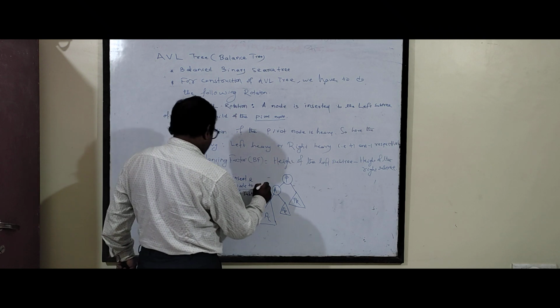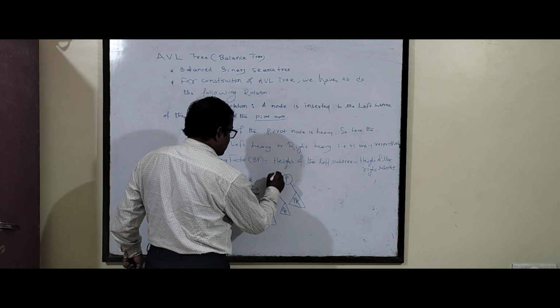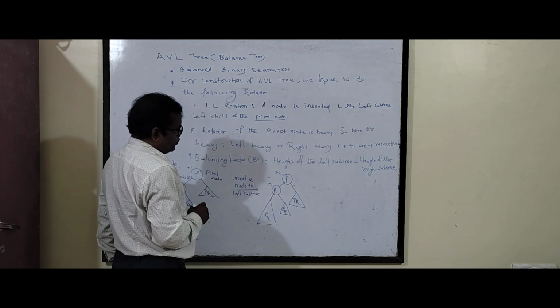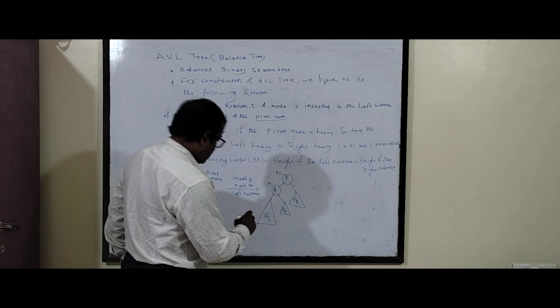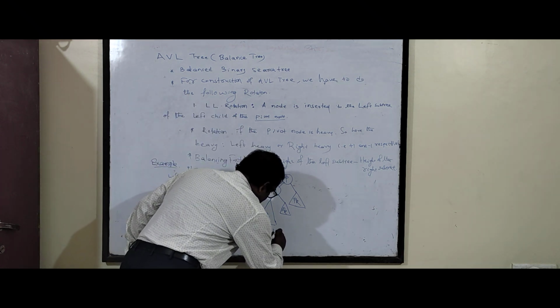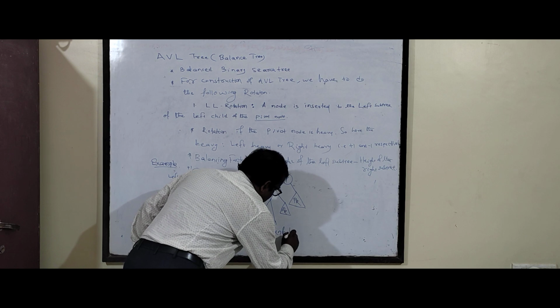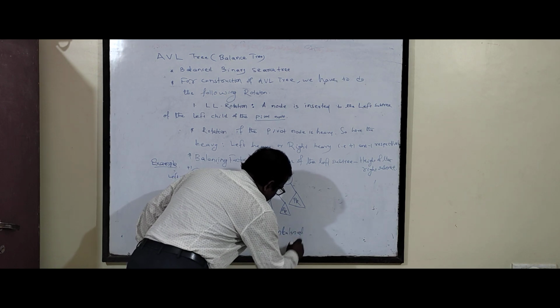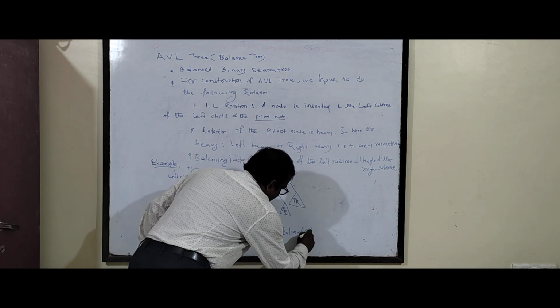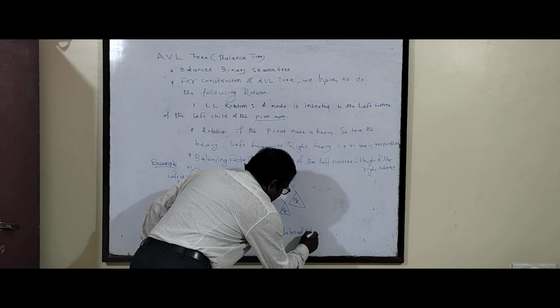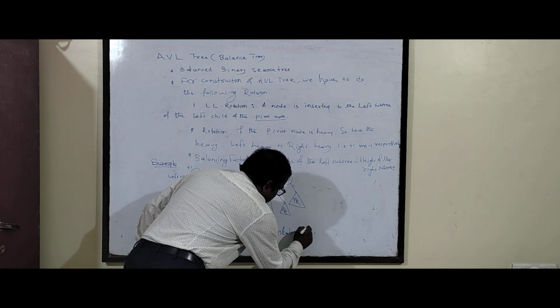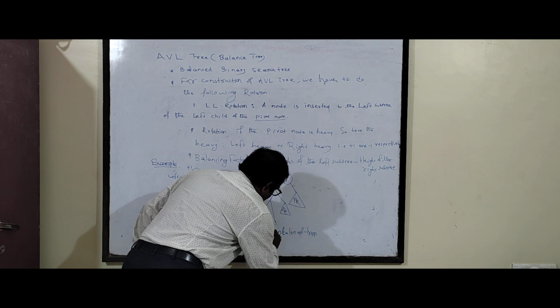Now this will become plus 1 and this will become plus 2. Now this is an unbalanced situation, or an unbalanced tree, we can say.